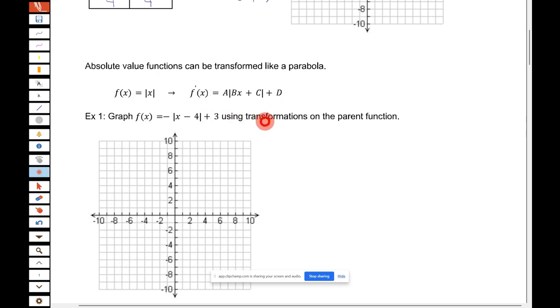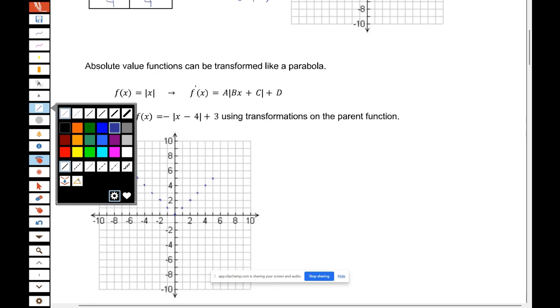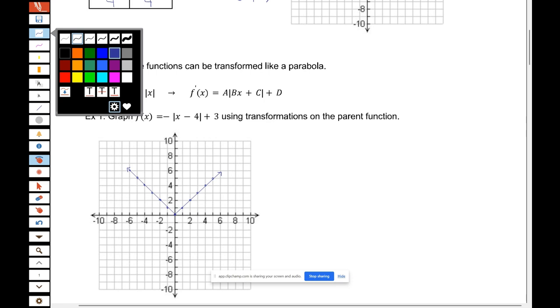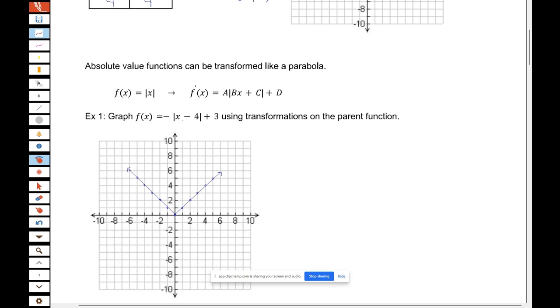So we are going to use transformations on the parent function to graph this one. I'm going to plot very lightly the original one that we graphed so we can see what happens when we graph our new one. Because it's transforming by -4, plus 3, and -1, first, remember we do CBAD.